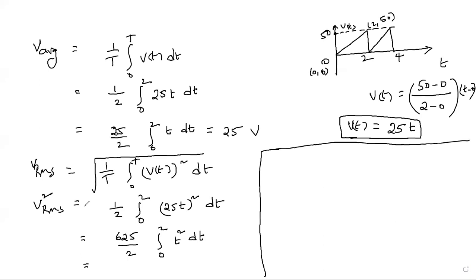You can take it as under root now once again. Here it is VRMS square. By removing the square, you have to keep the root. Whatever value you obtain, take the square root of it. Very simple calculation. 35.35?